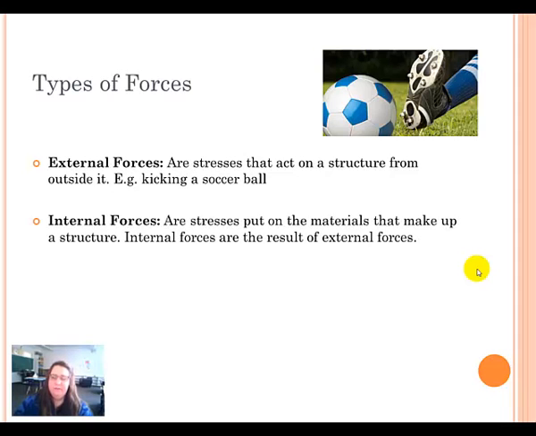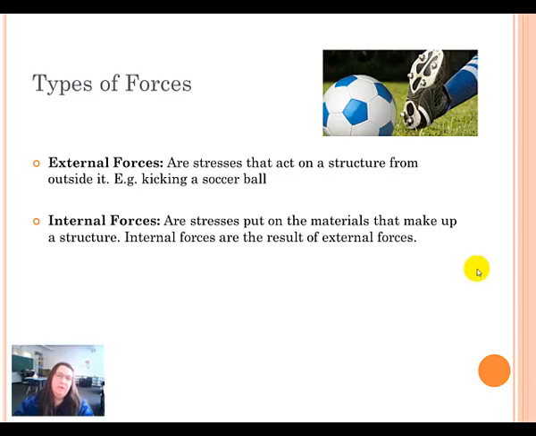An internal force are things that are inside the structure. These are stresses put on the material that make up the structure. So internal forces are what occur inside an object as they react to the forces that are put on an object from the outside.